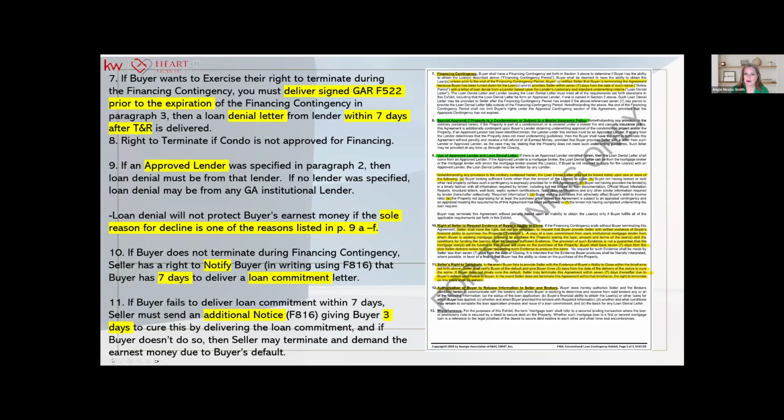And believe me, GAR has put all kinds of language in there saying these loan commitments aren't a guarantee somebody's going to show up at the closing, but this is our best effort to try and reassure you. But those rights are there, and they go away if they aren't used. So if you represent sellers, you need to know about the rights in paragraph 10 and 11, and you need to be assisting your sellers in using those.